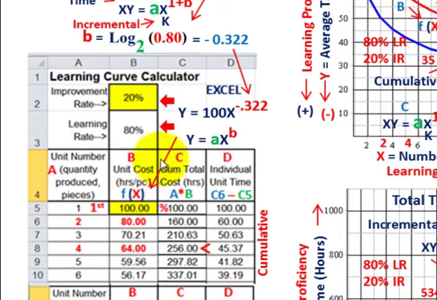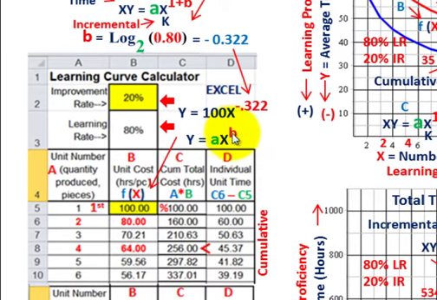That's y, which is going to be either our average unit time or our total unit time. y equals a, which is the cost of the first unit, shown in green, times x, whatever unit number we're dealing with, raised to our learning rate, b.